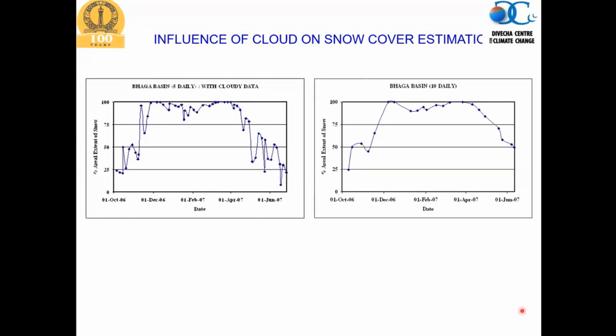Another thing is the cloud, that how cloud cover can really influence your result. You can see this is how the cloud causes all this variation in accumulation and melting. You may tend to interpret it, but this is only because of the cloud cover. But if you remove that, then you can get a much smoother curve.